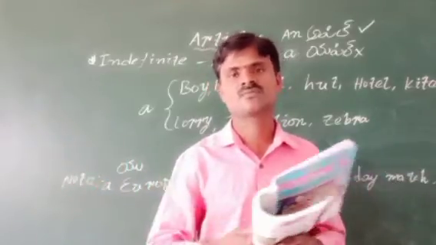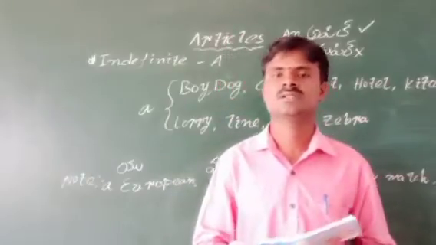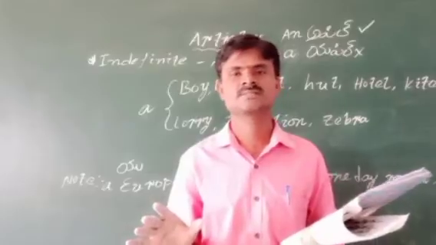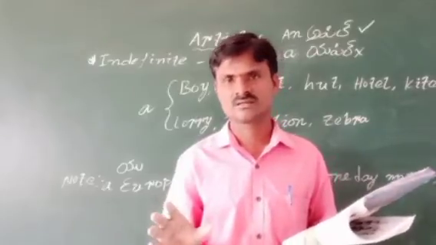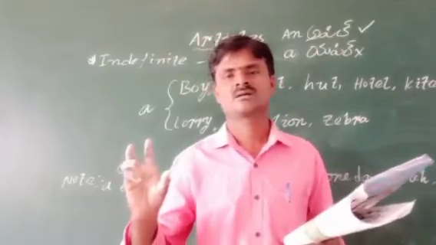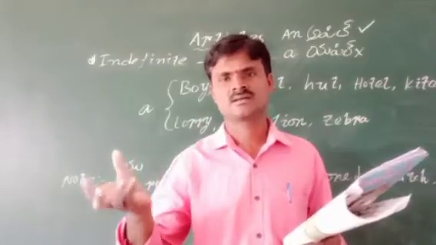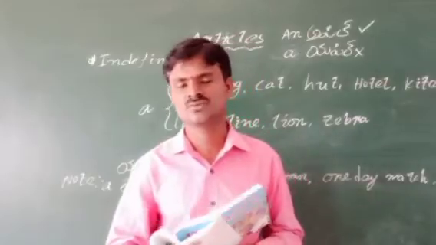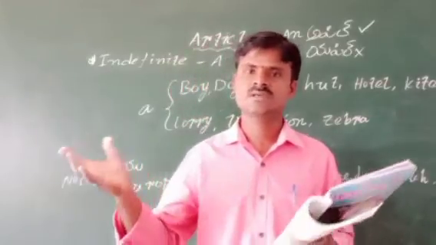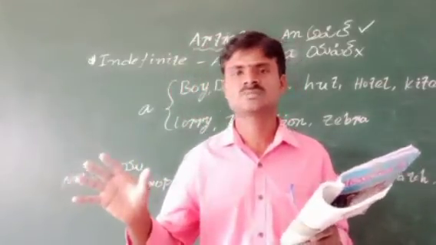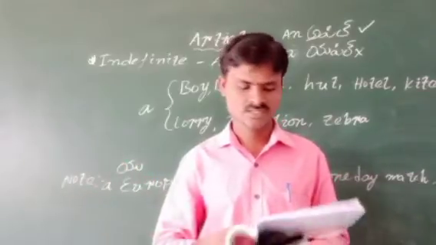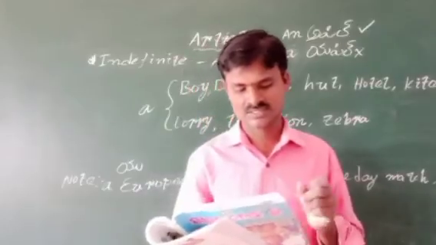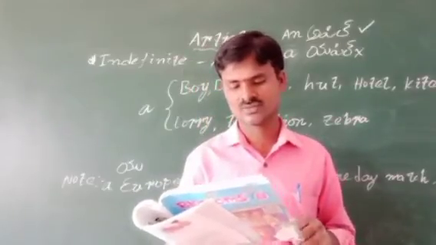The Jupiter, the Neptune, all these we have to use the with, because those are unique. There is no second earth in this universe. It may be there, but we don't know. That's why we use the sun, the moon, the earth, the sky, and the universe.